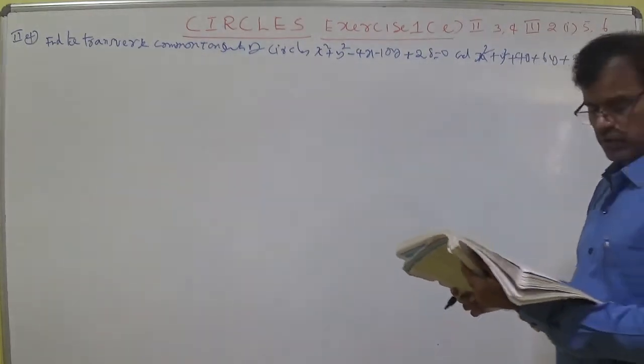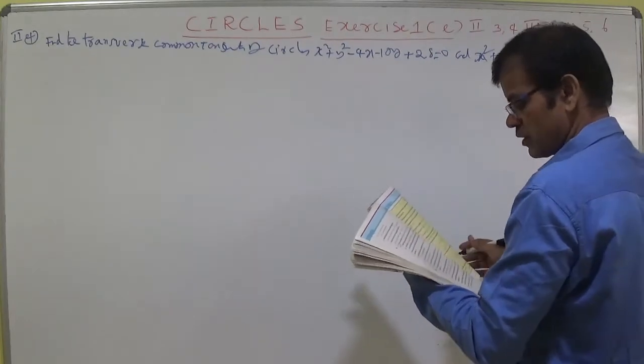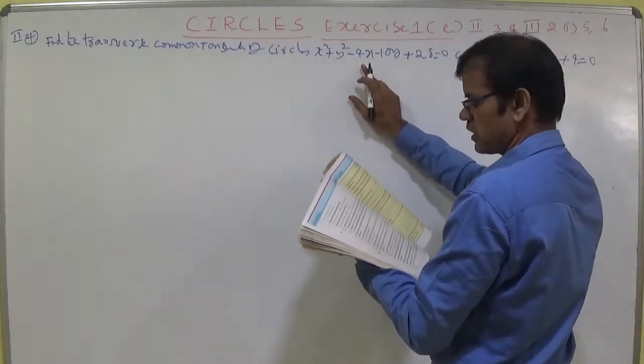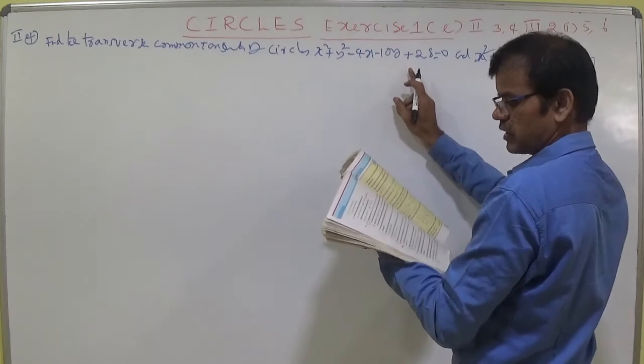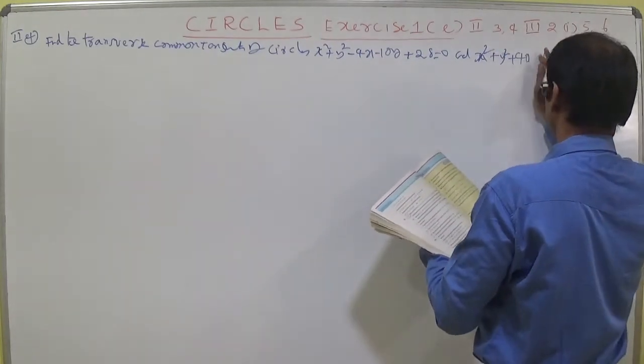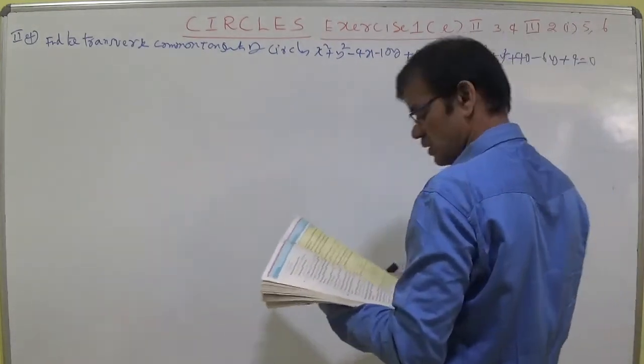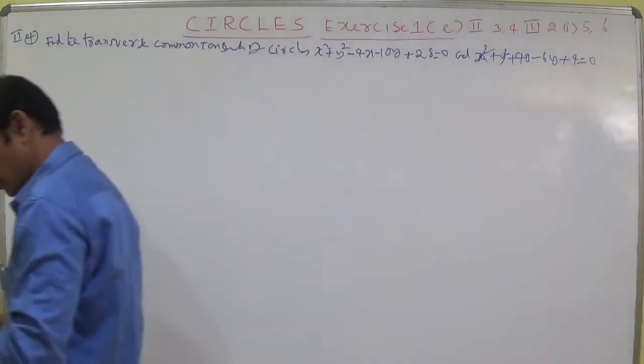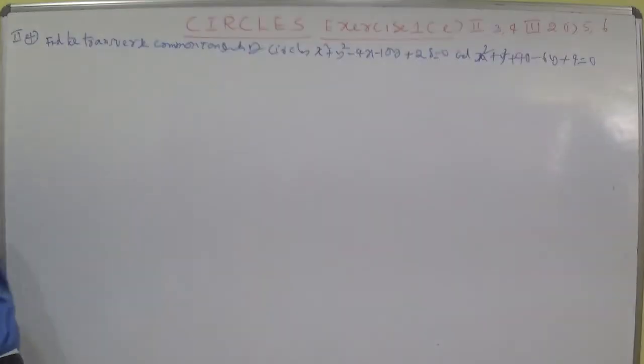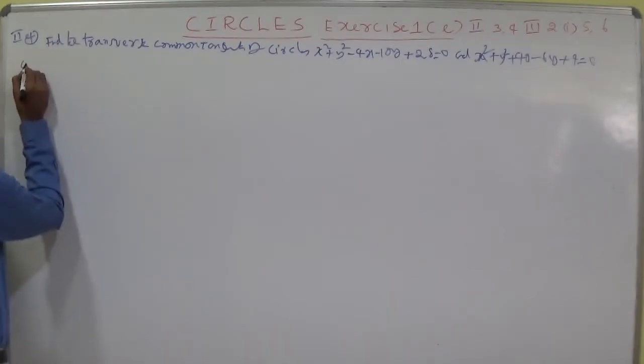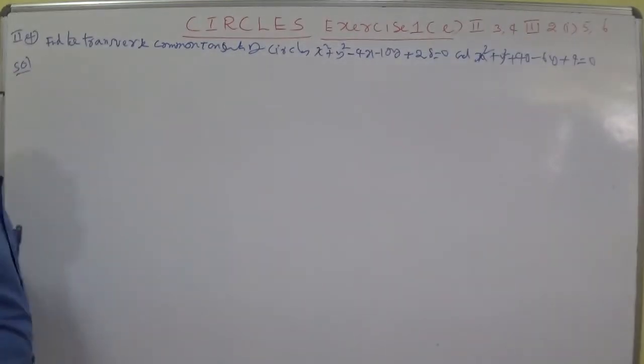First circle: x square plus y square minus 4x minus 10y plus 28 equal to 0, and second circle: x square plus y square plus 4x minus 6y plus 4 equal to 0. You should calculate the equations of transverse common tangents.